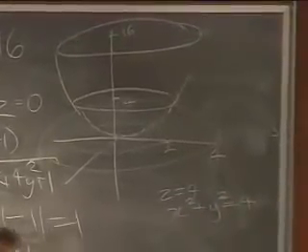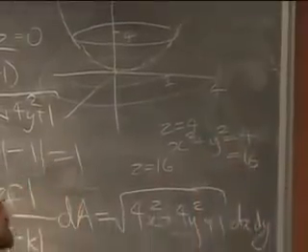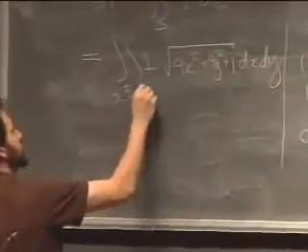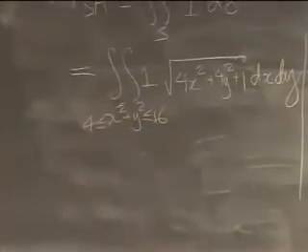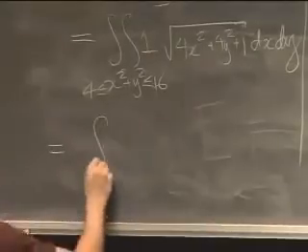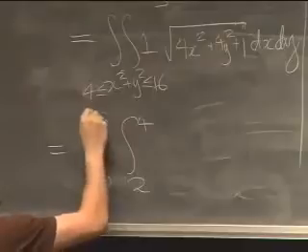So that's radius 2. And when z equals 16, x squared plus y squared equals 16, and so that's radius 4. So R is x squared plus y squared between 4 and 16. So obviously we're going to use polar coordinates here. In other words, r is between 2 and 4, theta is between 0 and 2 pi.